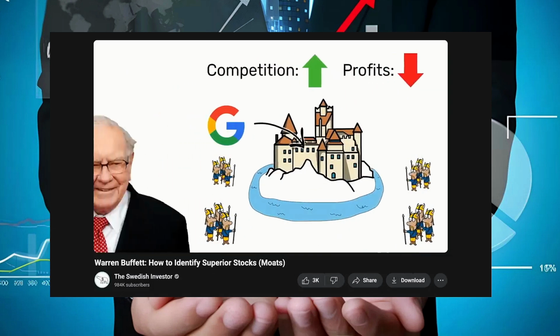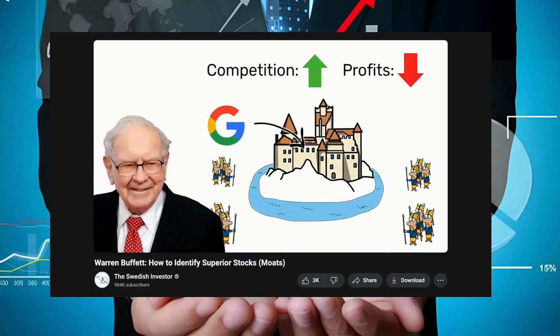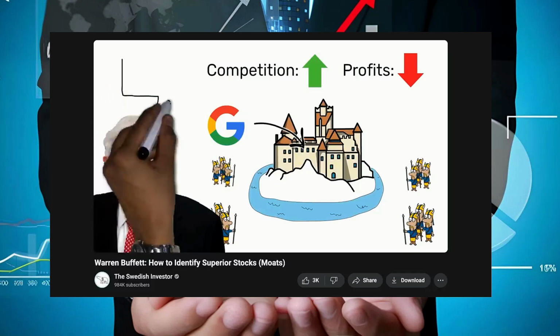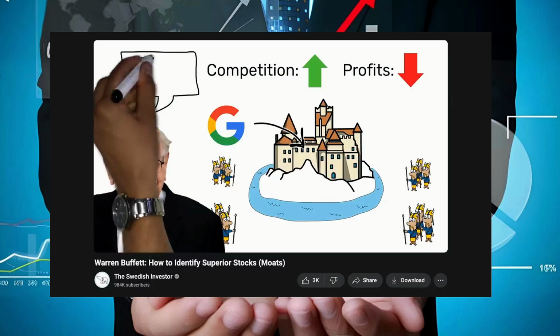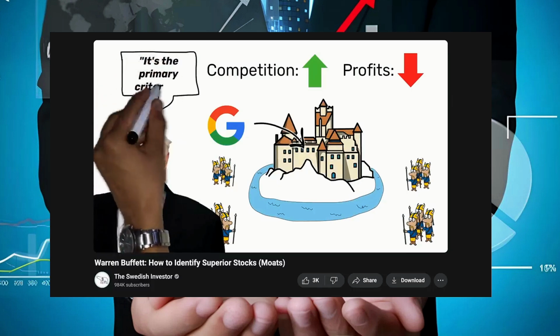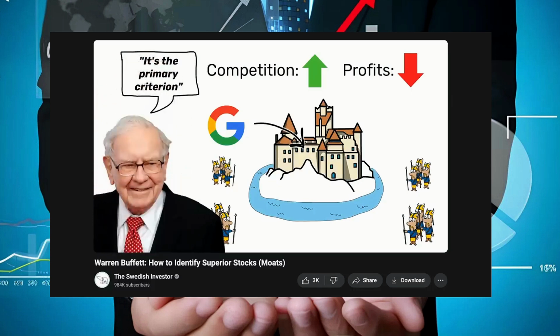Our guy Warren Buffett loves exceptionally profitable businesses, but he also hates having these profits being taken away by competition. Therefore, Buffett insists that having a moat around the business castle is perhaps the most important criterion of all when investing in stock market companies.